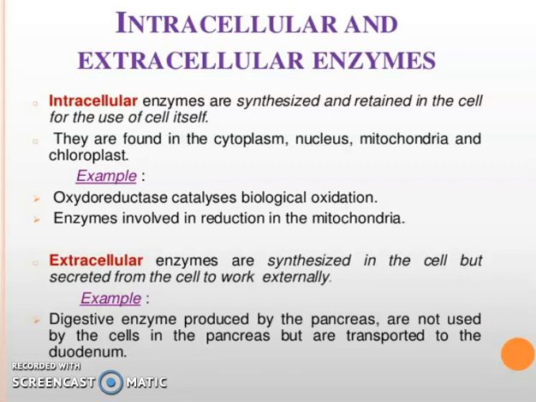Extracellular enzymes are synthesized in the cell but secreted from the cell to work externally. For example, digestive enzymes produced by the pancreas are not used by the cells of the pancreas but are transported to the duodenum.